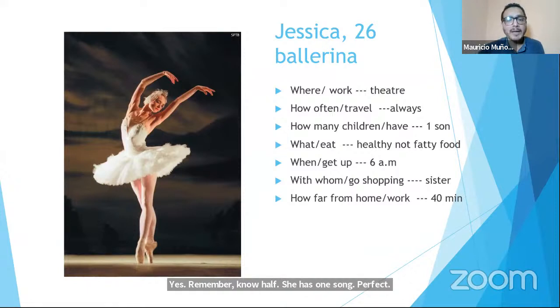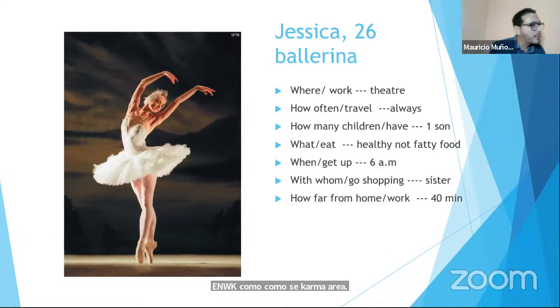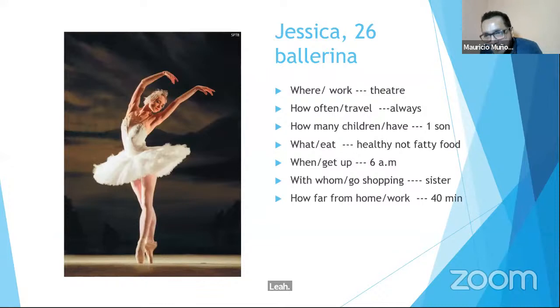La siguiente pregunta, vamos. ¿Qué come? ¿Cómo sería? El auxiliar, por favor. What does she eat?